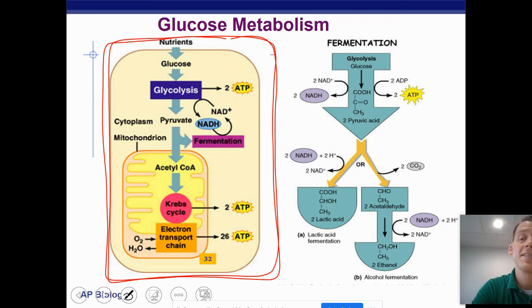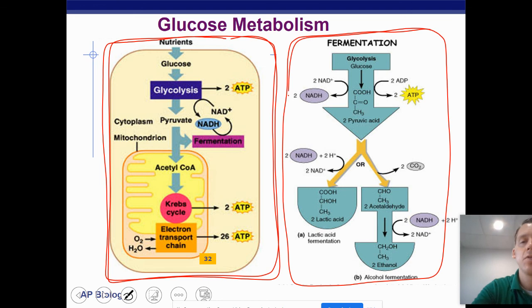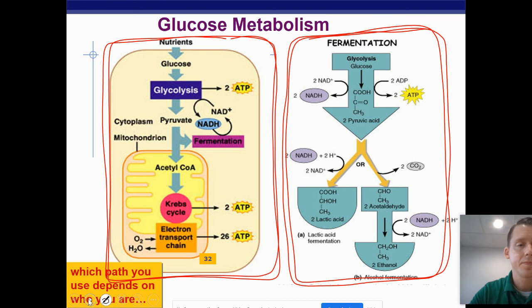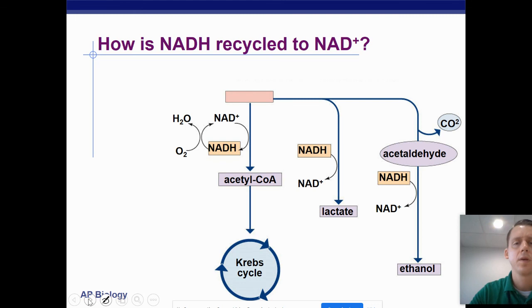But for some bacteria and for some organisms that cannot use oxygen, a process called fermentation has to occur. One of these two pathways can happen. We can't do both, though. Every living thing does glycolysis, and after that, we either move to fermentation or aerobic respiration. Which path you use depends on who you are.